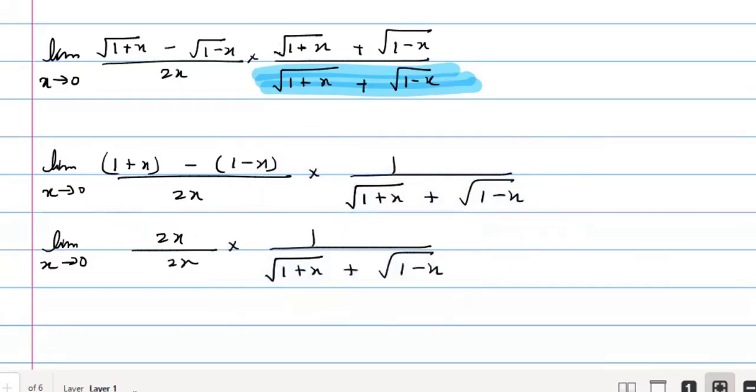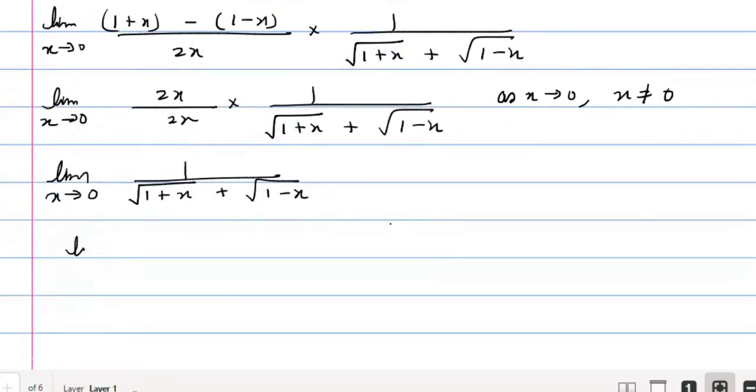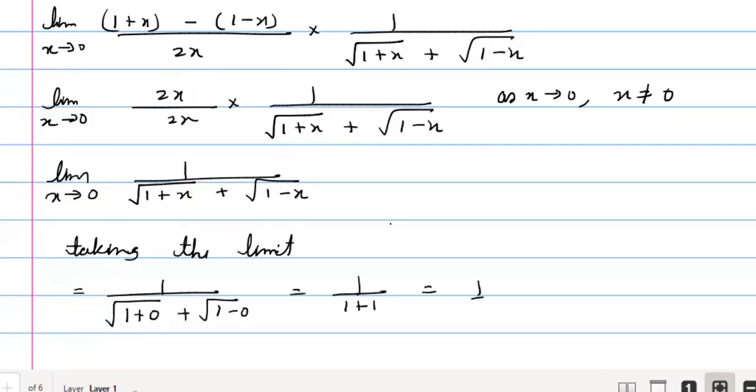Again, we come to the question, can we just strike it off? The answer is yes, but why? As x tends to 0, x is not equal to 0. So we get limit x tends to 0, 1 upon 1 plus x, 1 minus x. And the answer is half.